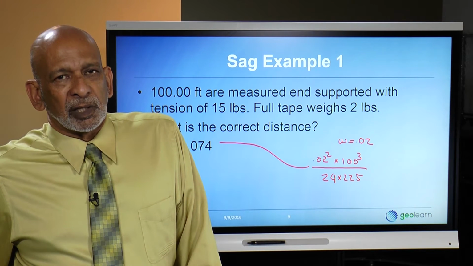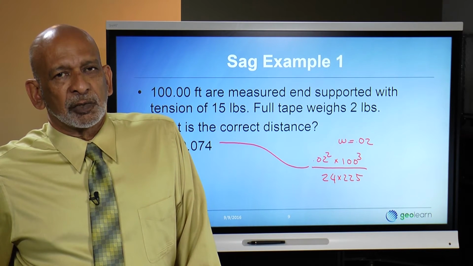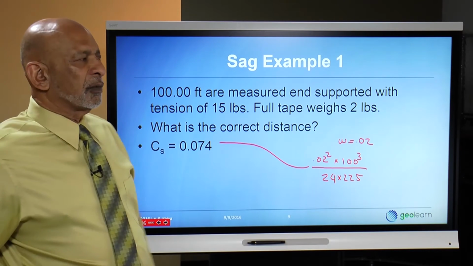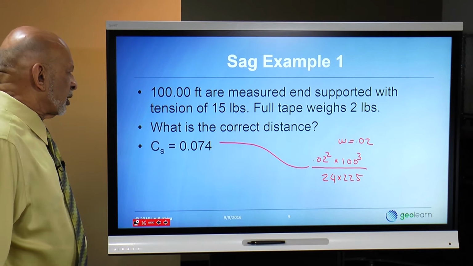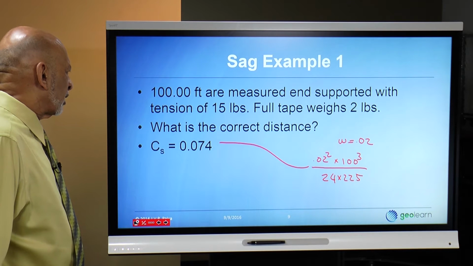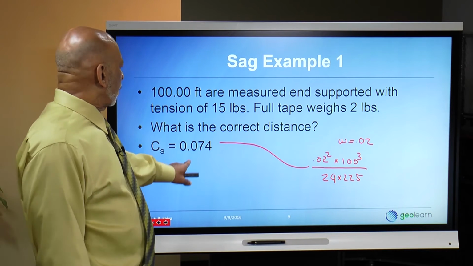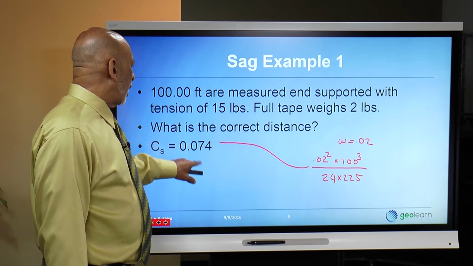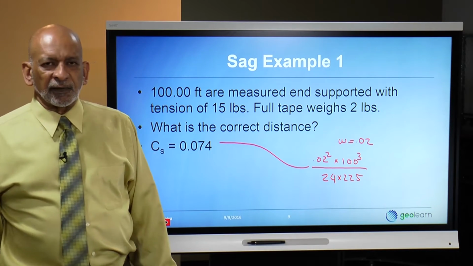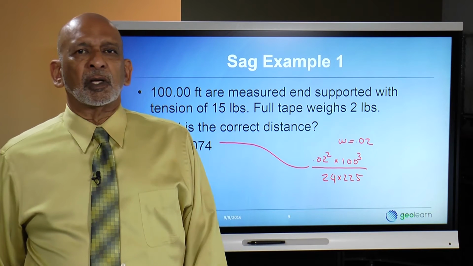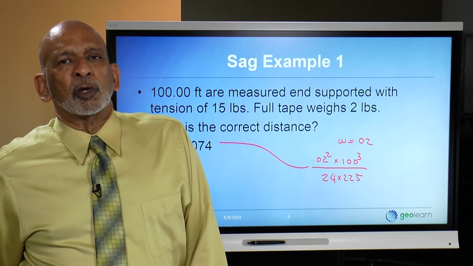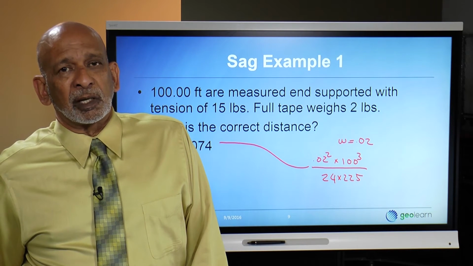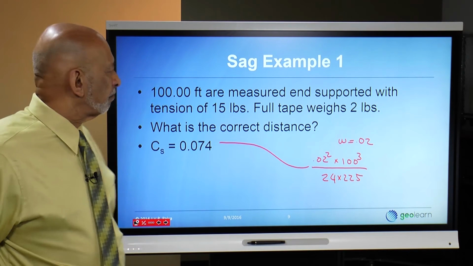It could be 40 pounds, and it's really hard without practice to actually get there. And so one of the ways to overcome that is to use different values and then calculate the effects of sag. You see though, with just 15 pounds tension on a typical tape that weighs 2 pounds, it's 7/100ths of a foot. That's getting very close to a full inch of shortening for every 100 feet.